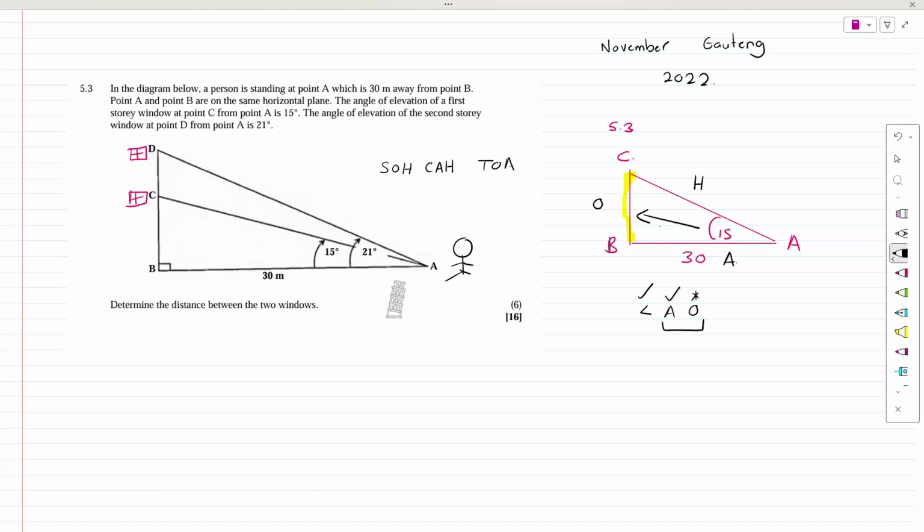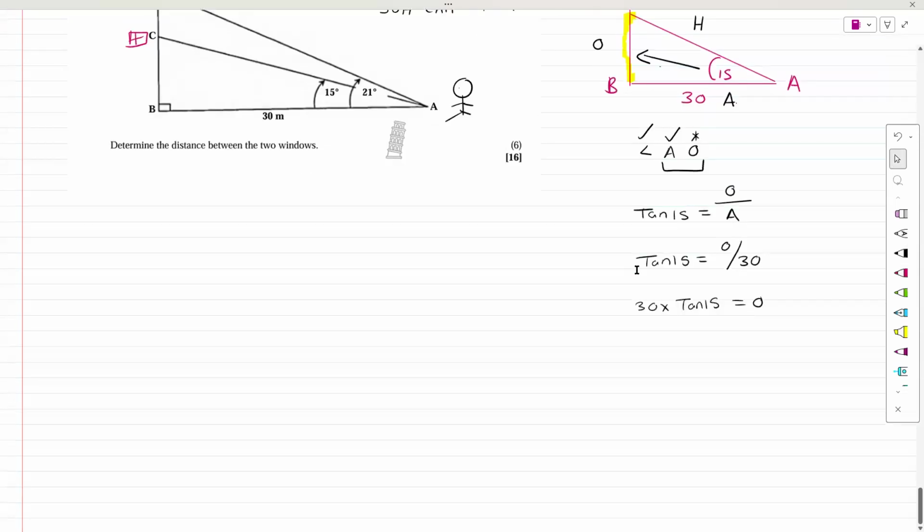We know we have to use tan. So tan of 15 equals opposite over adjacent. Tan of 15 equals opposite over 30. And then 30 times tan 15 equals the opposite.